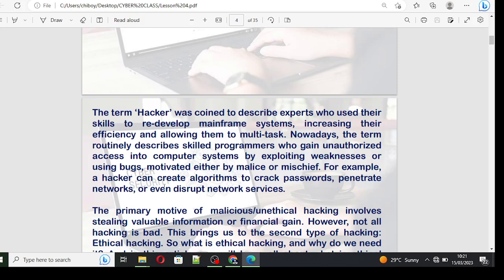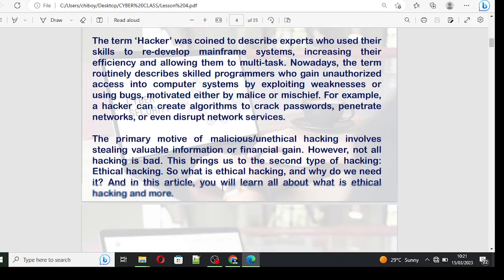For example, a hacker can create an algorithm to crack passwords, penetrate networks, or even disrupt network services. The primary motive of malicious or unethical hacking involves stealing valuable information or financial gain.